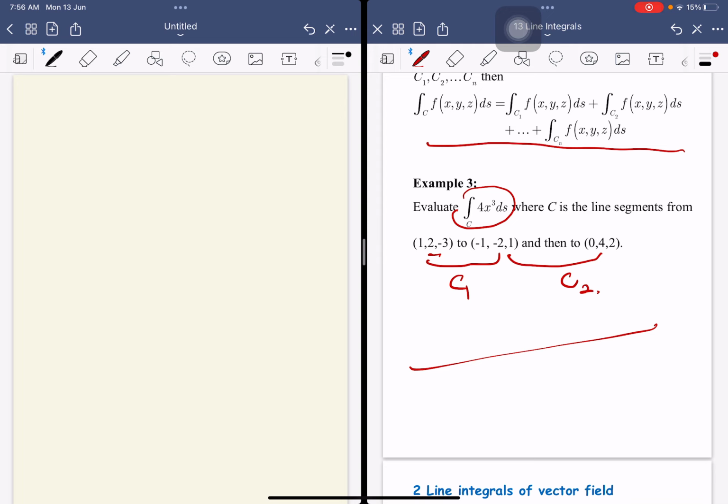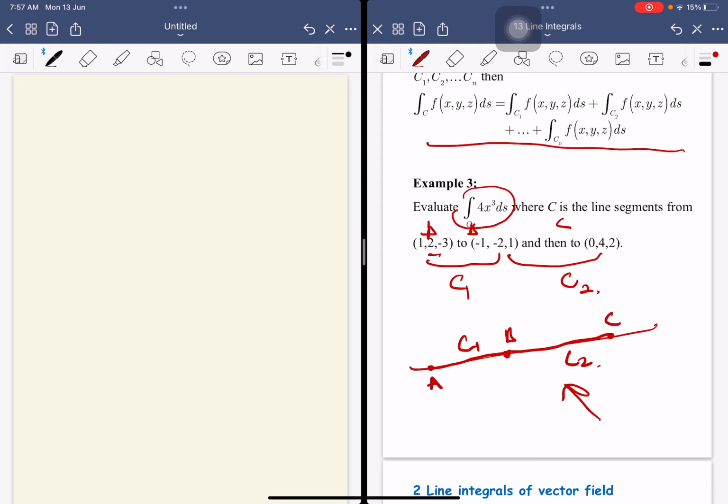We represent it as a straight line through points A, B, and C. A to B is one curve, and B to C is another curve. This is just how we represent it graphically. It doesn't mean it's in the correct position. I just draw it like this so that it's easy for you to understand.